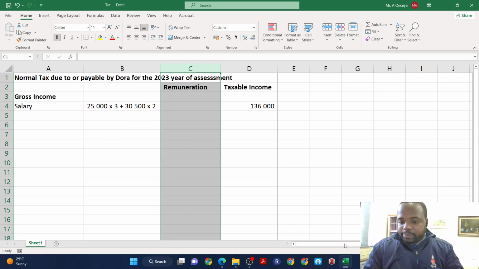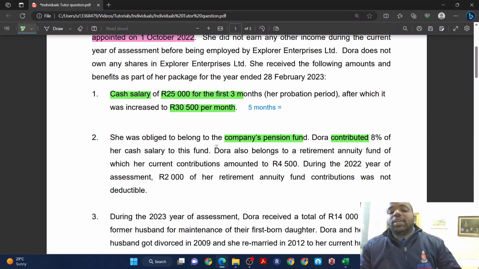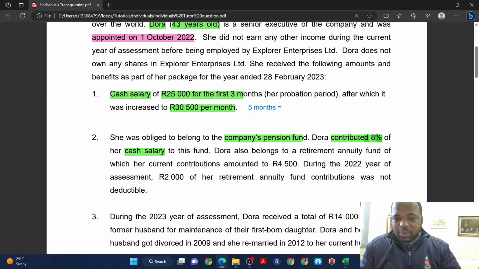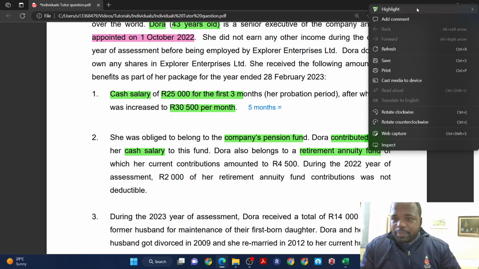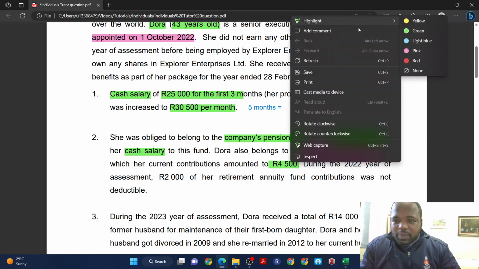So now we know we need to calculate her remuneration, because we'll need it for the section 11F deduction for contributions towards retirement. She contributed 8% of her cash salary, which we've already calculated, to this fund. Dora also belongs to a retirement annuity fund, so she has an RAF as well, and her contributions amounted to 4,500 rands for the year.